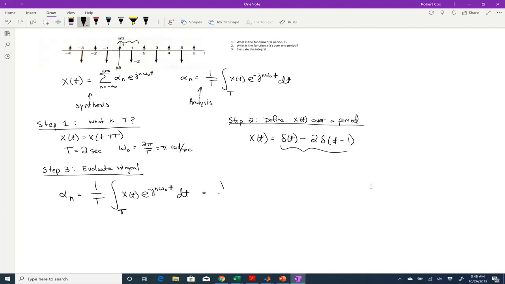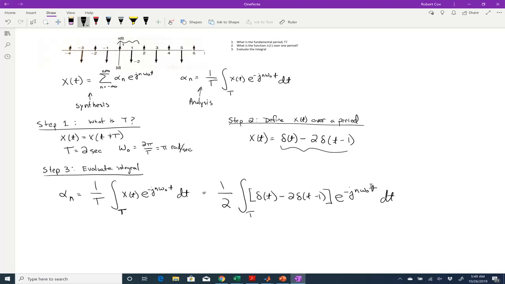So if I write that integral, I put 1 over T, which in this case is 1 over 2, and I integrate over a period, and I plug in my x of t. My x of t is delta of t minus 2 delta of t minus 1, times e to the negative j n omega naught t dt.